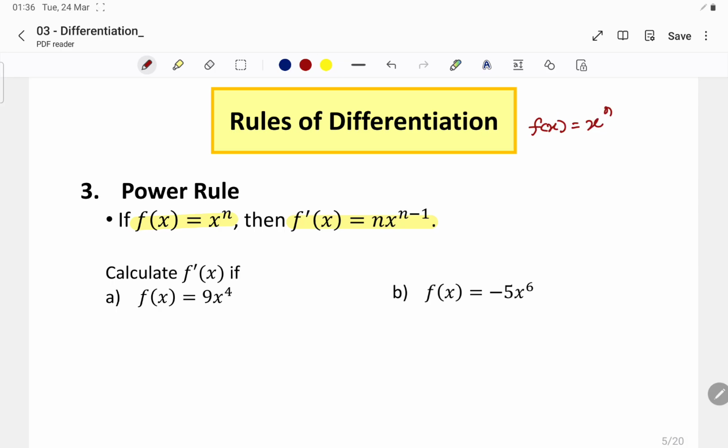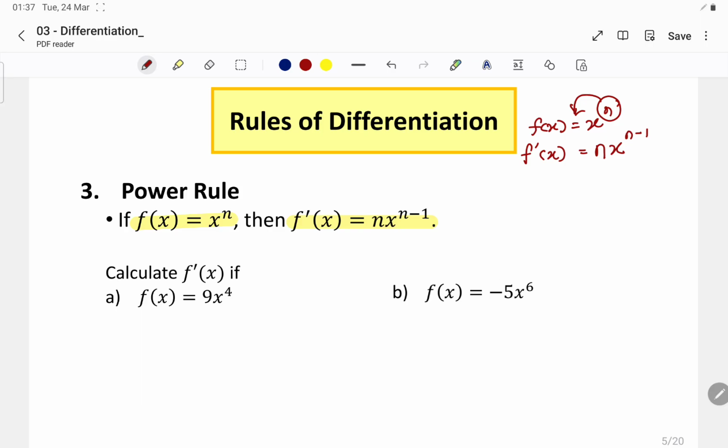When you want to find the differentiation, you see the power on top, you bring it in front, it becomes n. The x you copy, to the power of n you copy, and the power you put minus 1. That is how you do it for the power rule.